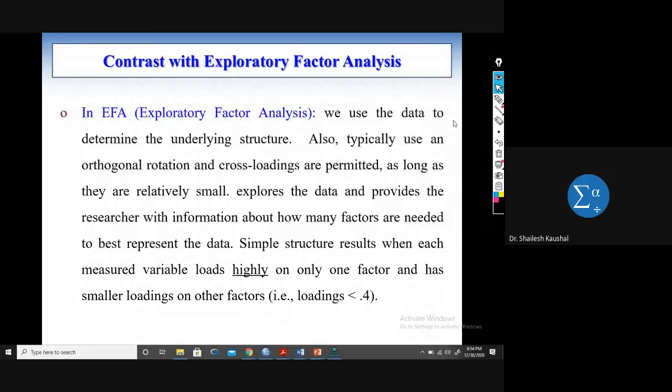In EFA, basically we select variables on the basis of statistical value, the highly loaded values. So when we perform exploratory factor analysis, with values like 0.78, 0.82, those factors with high values we retain.